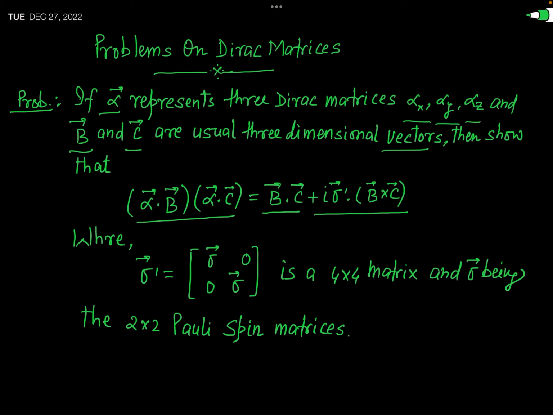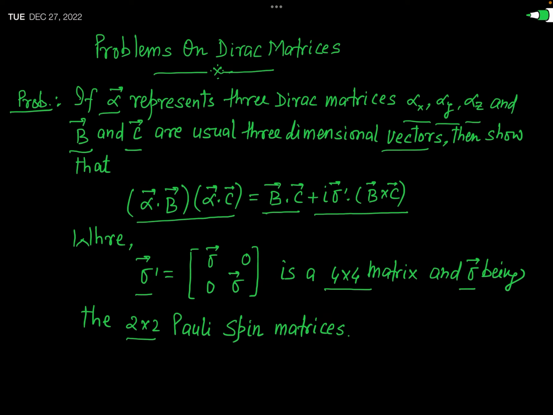Here this sigma dash is actually a 4 by 4 matrix, and it is defined like this: sigma 0, 0 sigma. Here sigma, you know, is the well-known 2 by 2 Pauli spin matrices.